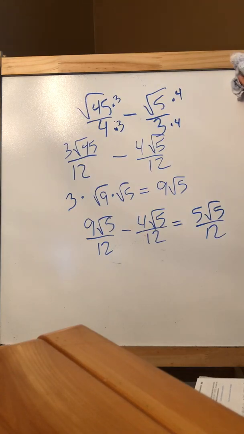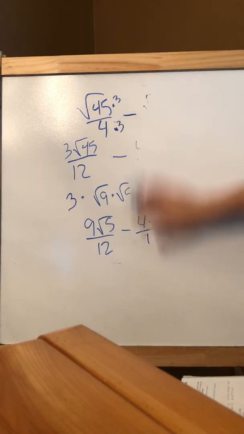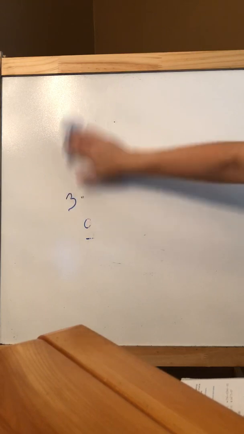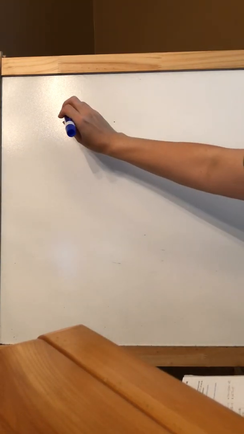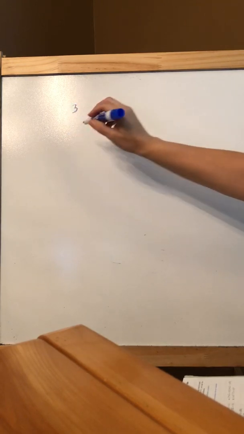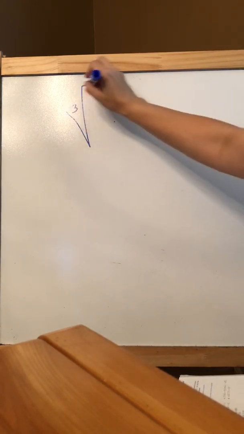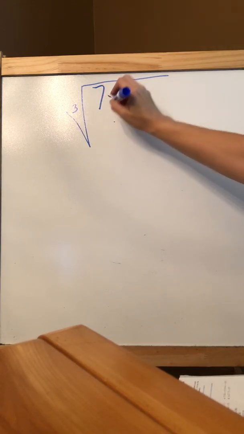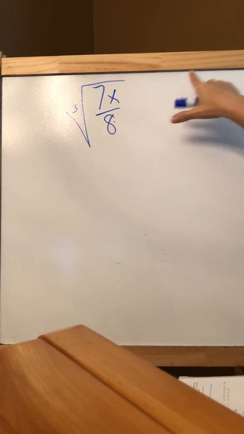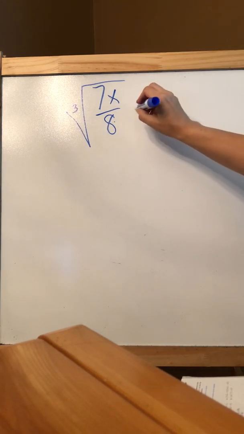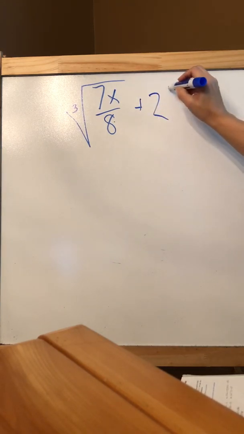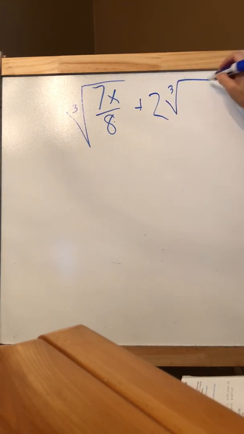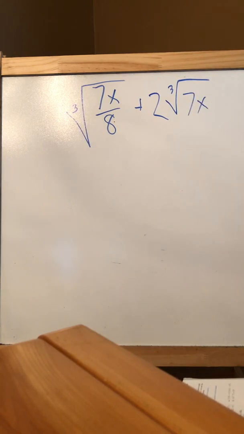Okay, let's do B. B says cube root of 7x over 8 plus 2 times the cube root of 7x.